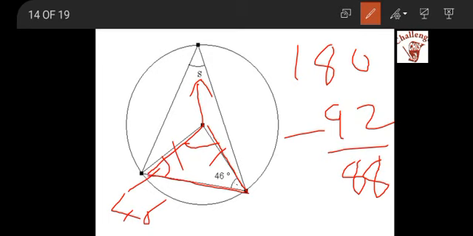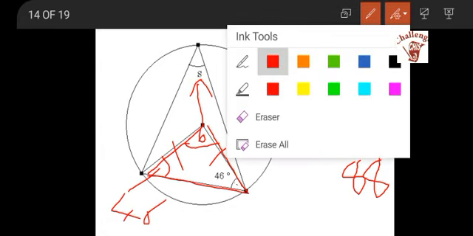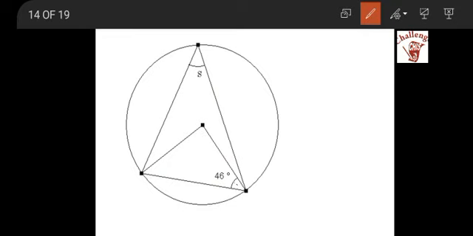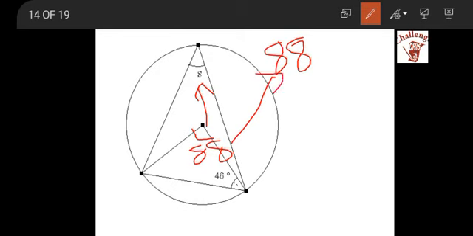We calculate all angles inside the triangle to find this angle equal to 88, and then easily we can find S, because 88, this angle, equals twice the angle S.